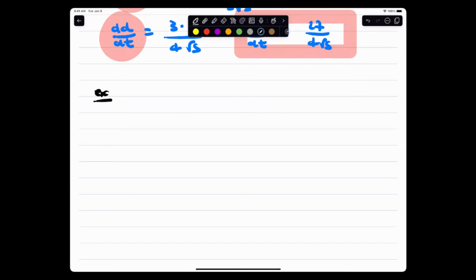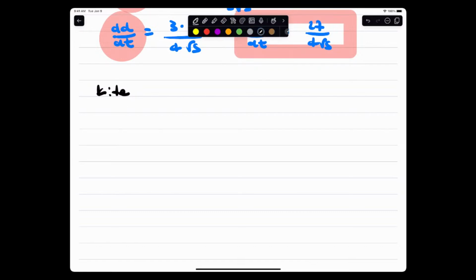Okay. How about this? You're going to look at the kite question, kite example. Here's a kite question. A kite is 100 feet above the ground.